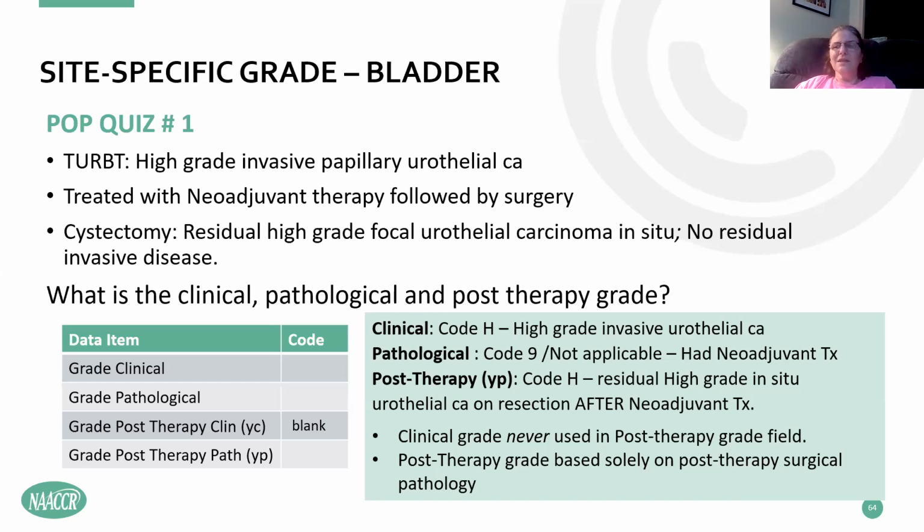So the clinical grade can never be used in the post-therapy grade field, but they happen to be the same grade. Even though the first one in clinical is invasive and the one in post-therapy is in situ, it does not make a difference. Now, breast is the only one where there is a difference in situ and invasive grades. No other schema has that.